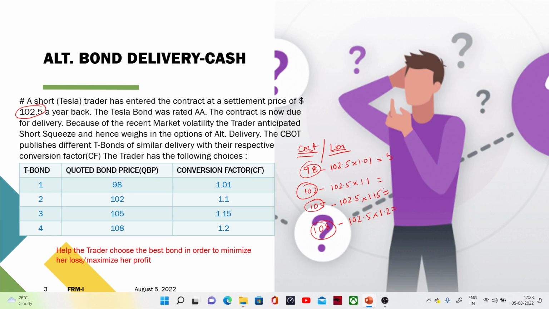So this is minus 5.5. The next one becomes minus 10.75.